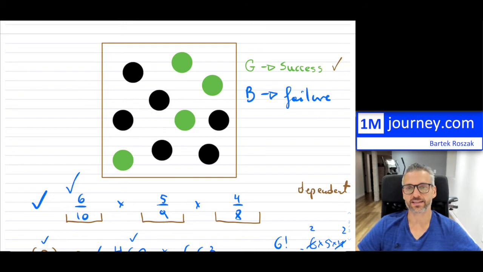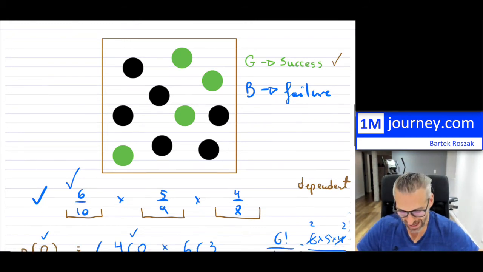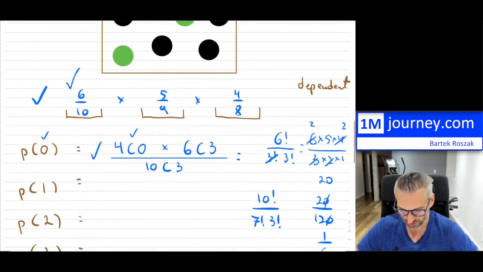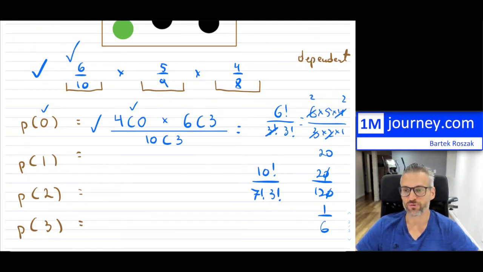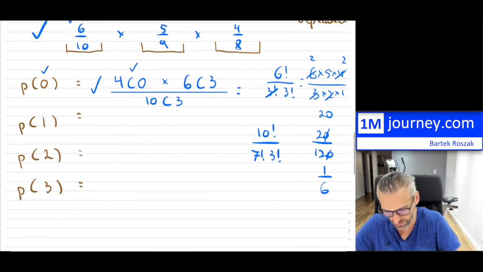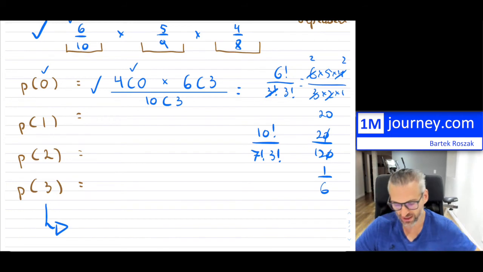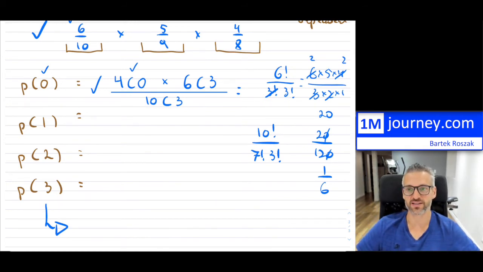But the idea is that in this hypergeometric distribution, we are dealing with successes and failures. And now you might start thinking that the random variable is the number of successes that you have within the total number of trials or experiments that you had.